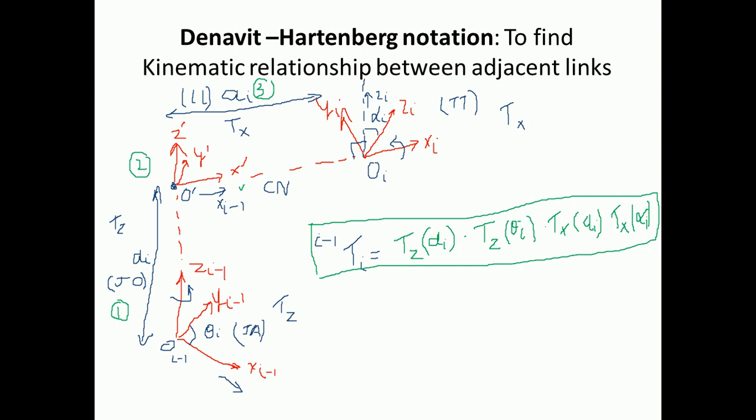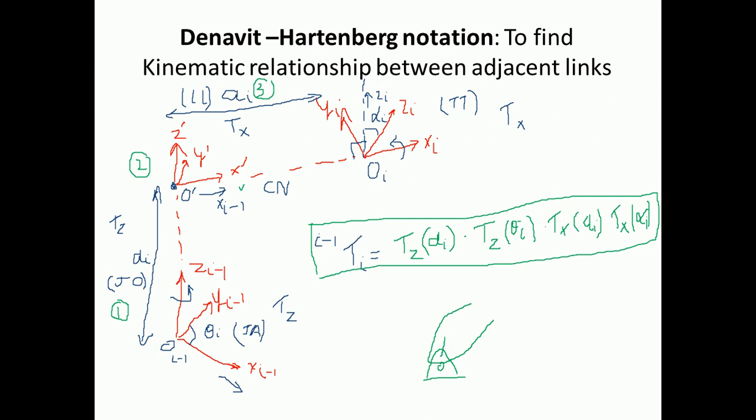There is one more thing I would like to tell you. If both frames are lying with the same origin, suppose there is a link over here in such a manner, and there is another link which is placed over here. So this is a revolute joint. Okay.